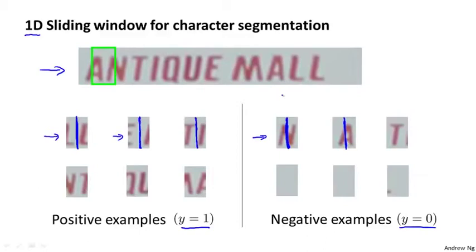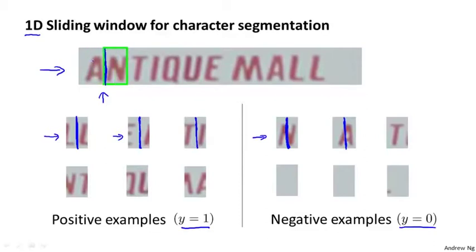There are no different rows here, only one row. Now with the classifier in this position, we ask, should we put a split right down the middle of this rectangle? And hopefully the classifier will output y equals 1, in which case we draw a line down there to split two characters.